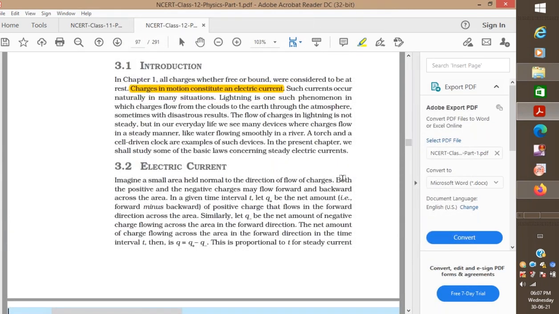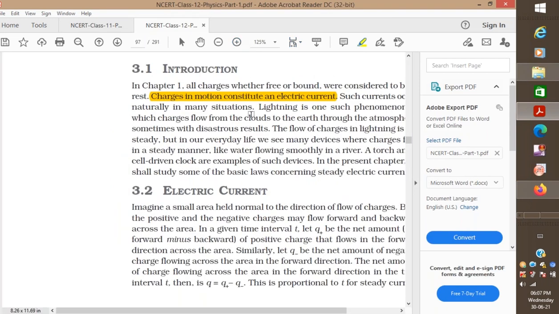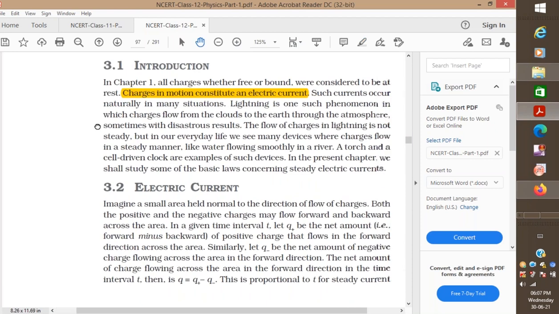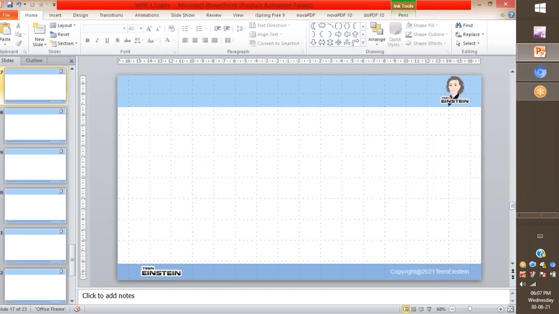Current is actually a very general word. If I give you a simple example, then you might be able to appreciate it.